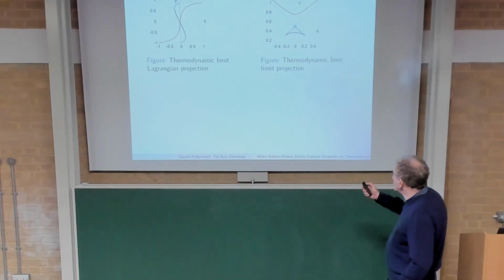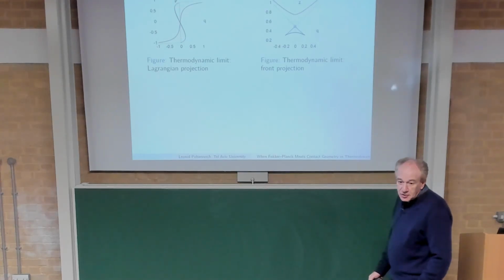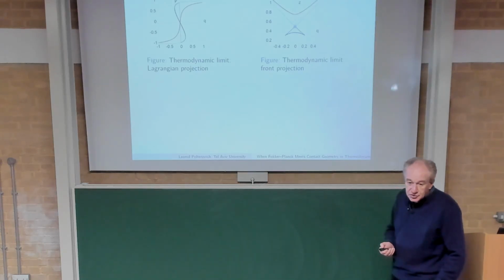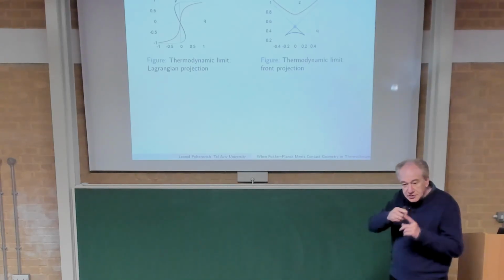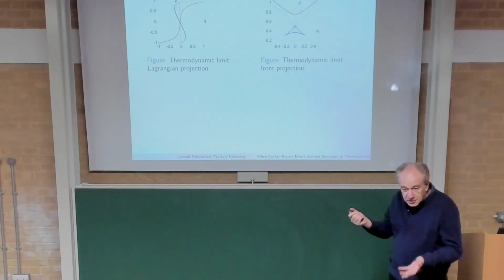And then n goes to infinity, and what you basically get is this green part, okay? And of course, this vertical segment. So in the thermodynamic limit, you will actually get a non-smooth picture. Your Legendrian will consist of 2 pieces and a vertical segment joining them. Okay, in dimension 3.